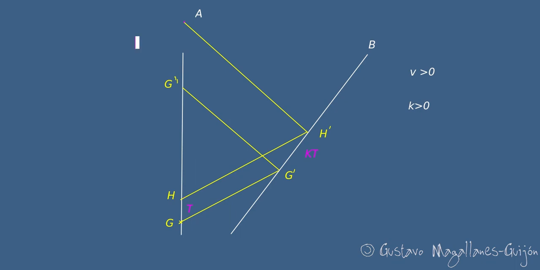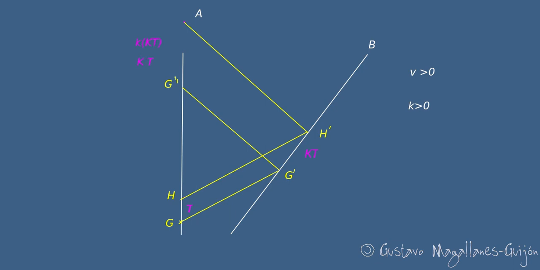Then in this case we have k-factor multiplied by k-factor times t. Then we have k-factor squared times t.